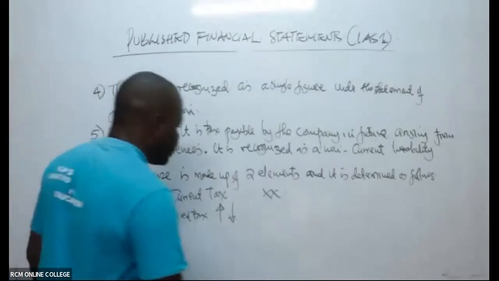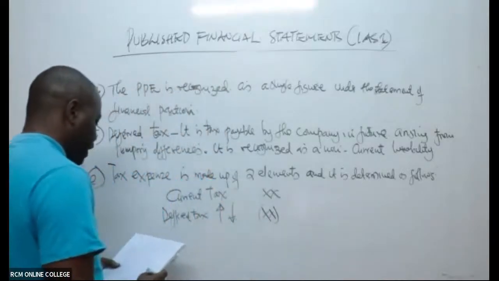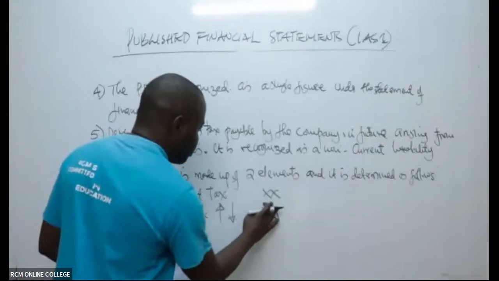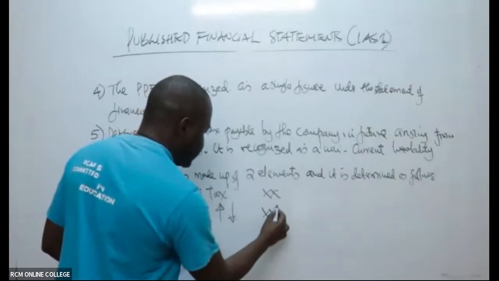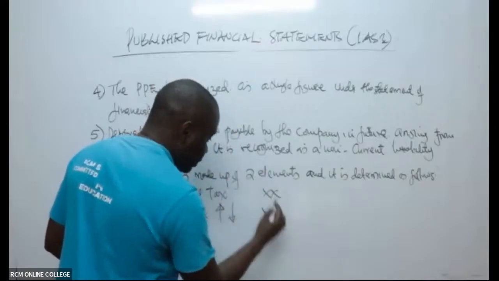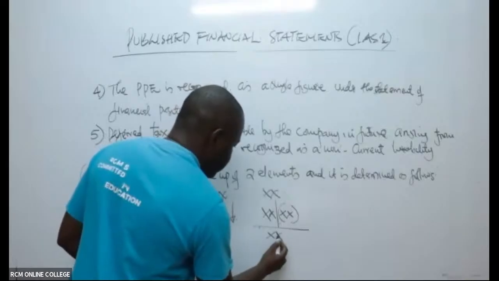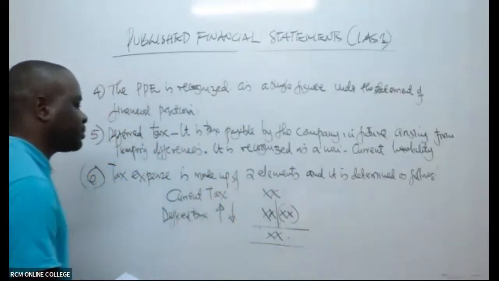If it's an increment, you'll add so that you can get the total tax expense. But if it is a decrease, it's like an income, so you'll end up having to deduct. Then you'll get the tax figure to include in the income statement.